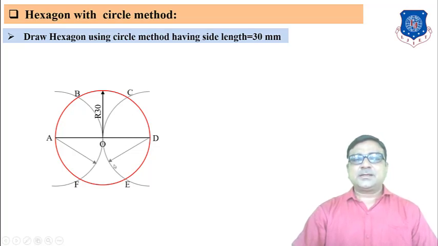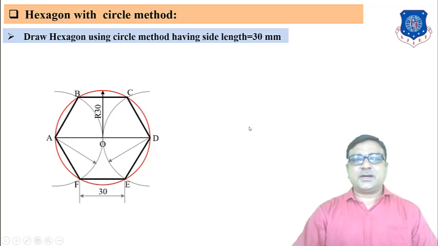Now the intersections of these two arcs and our main circle are C, B, F and E, and I already have A and D. So you have to join all these points with straight lines A, B, C, D, E, F. This is our hexagon of 30 mm sides.